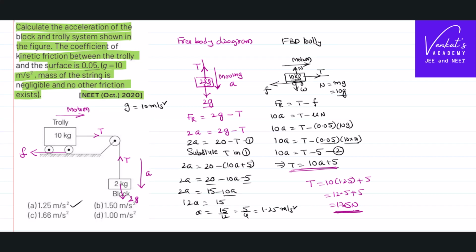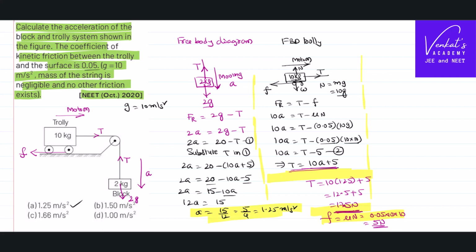You can even calculate the frictional force as mu into normal reaction. Mu is 0.05, m is 10, g is also 10. So that is equal to 5 Newton. These are the basic things that we can identify in solving the different parts of the problem. Even if we are asked to find them, if needed, we can do this part also.